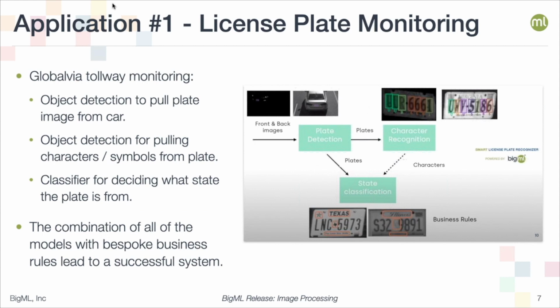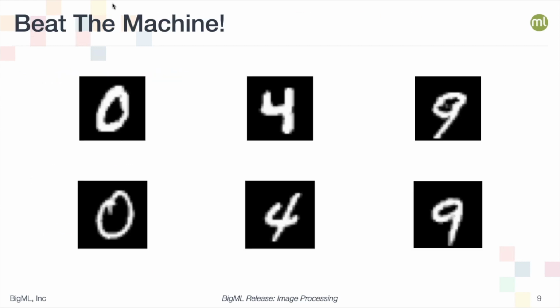So things like that, human knowledge combined with these machine learning models, is what ends up making a successful system. And so what we're trying to enable at BigML is for you to easily train those models so you can focus on the part that you're very good at already, which is knowing about the domain that you're in, knowing what rules to apply to those images to create something useful.